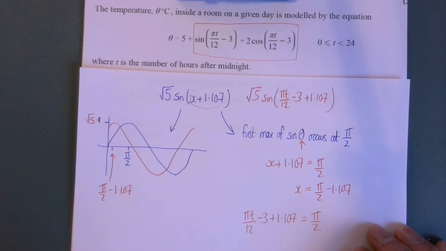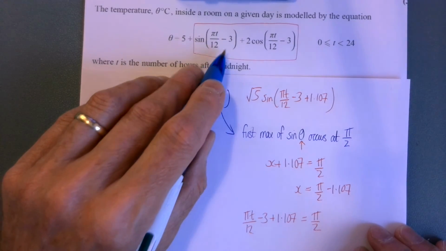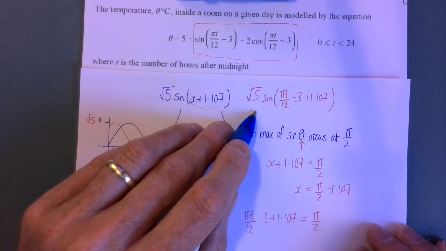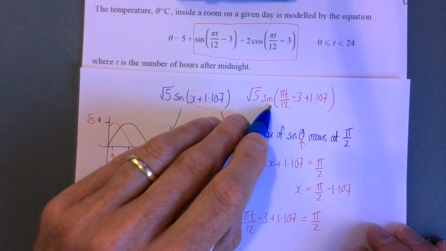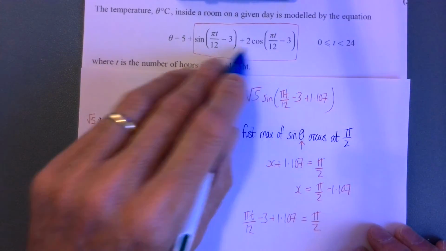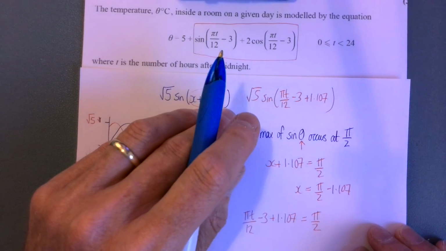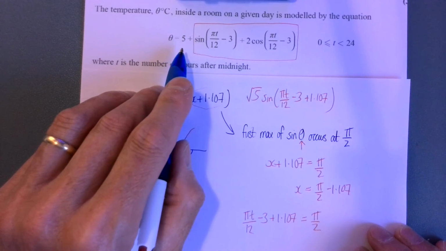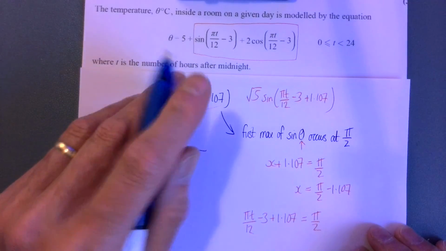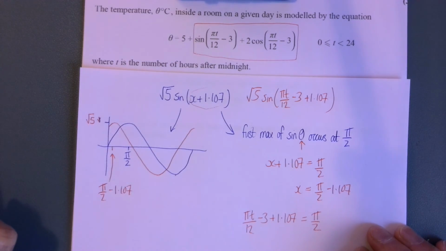In terms of what that maximum is, because sine of anything will only be between 1 and minus 1, this thing here still has a maximum of root 5. So if we add 5 to that, we will get a maximum of 5 plus root 5. So the maximum value is 5 plus root 5, and that occurs at the value of t you get from solving that equation there.